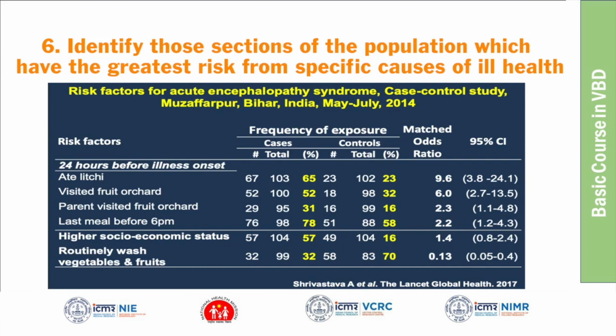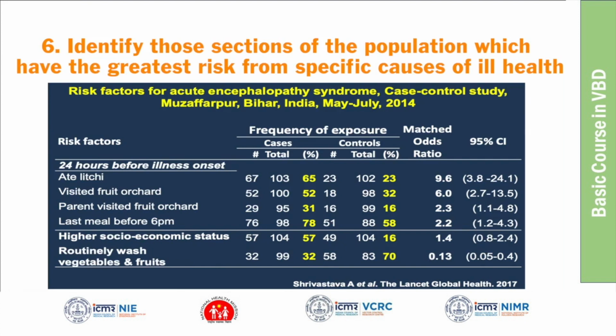There is a big difference in terms of that risk factor, eating lychee 24 hours prior to the disease setting in, which indicates that those who had eaten lychee were almost 10 times more likely to have died as compared to those who did not. It's a powerful risk factor.